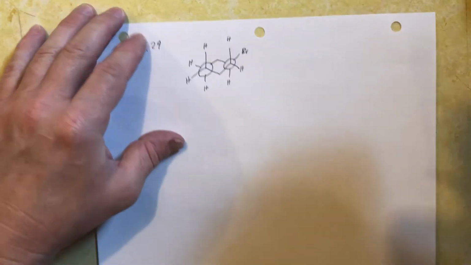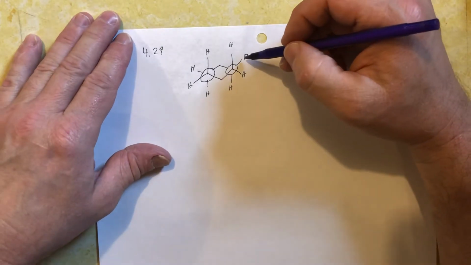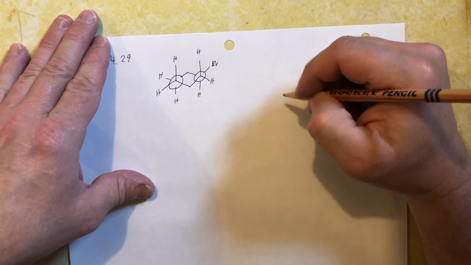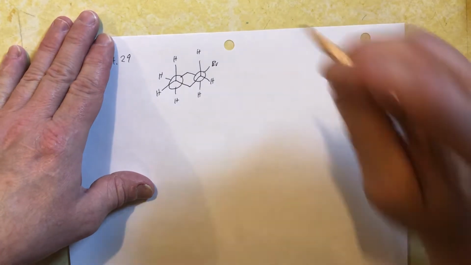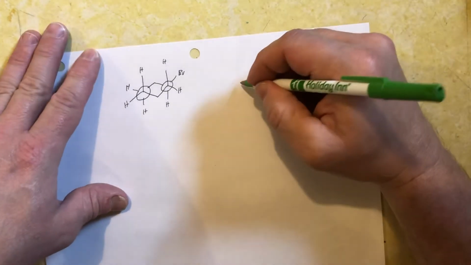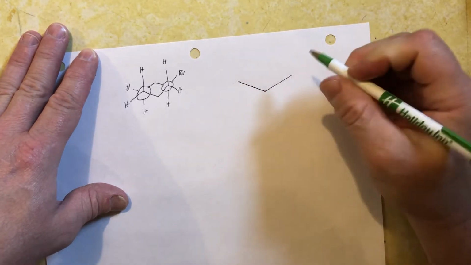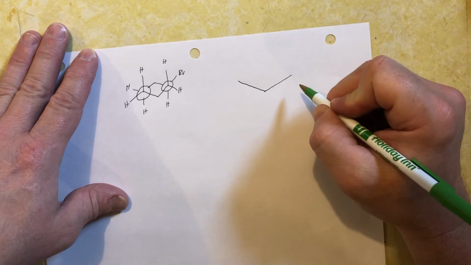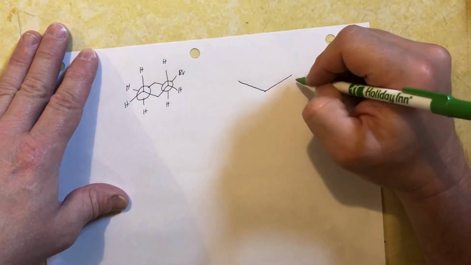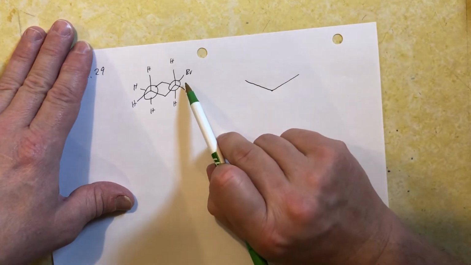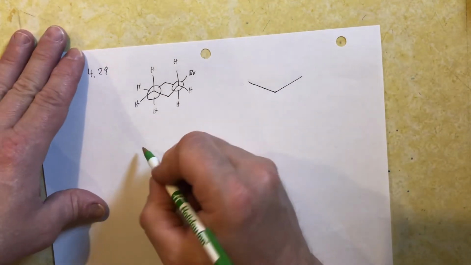But as I looked at this bromine back here, and I drew a chair conformation for it. I wanted to put this one on the, okay, let me try this again.